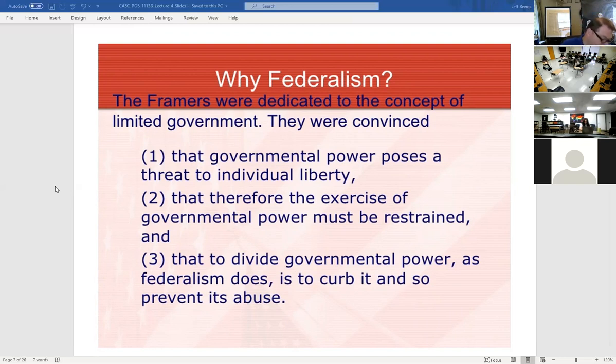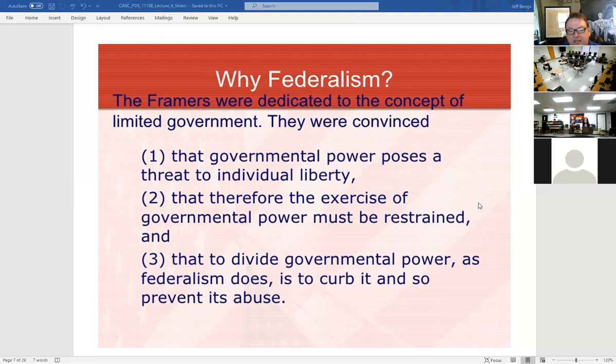And that is that federalism is dedicated to the core idea or the core principle of limited government. Limited government.